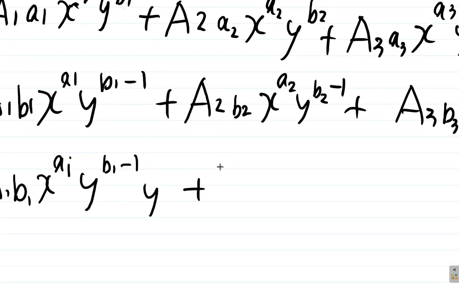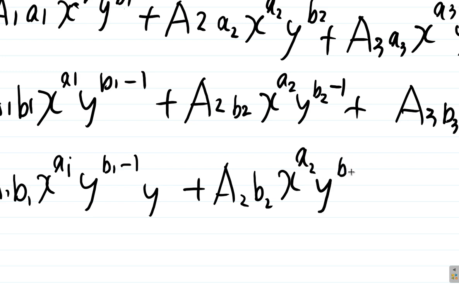Let's just put in the y for now. a2 b2 x to the a2 y to the b2 minus 1 times y plus.